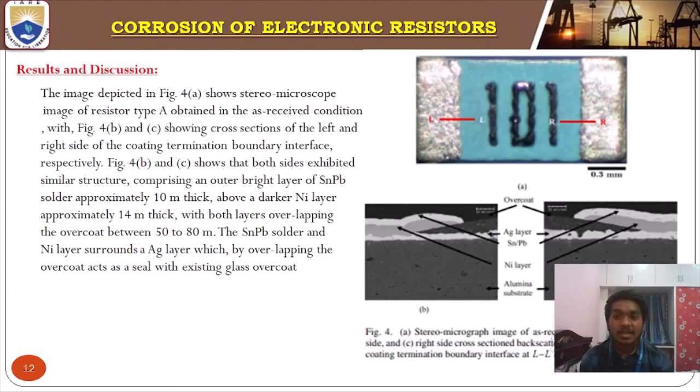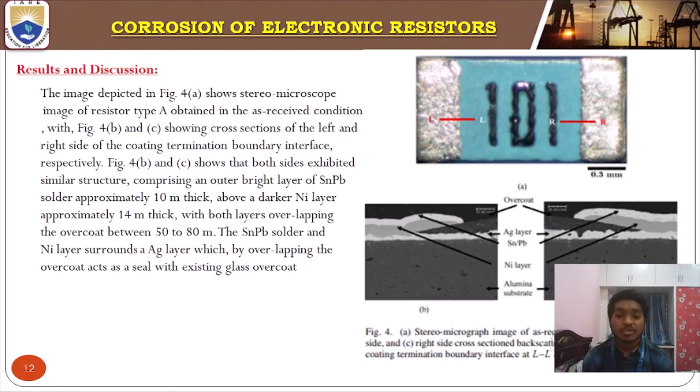Results and discussion. The image depicted in figure 4a shows a stereo microscope image of resistor type A obtained in the as-received condition, with figure 4b and figure 4c showing cross sections of the left and right side of the coating termination boundary surface, respectively.